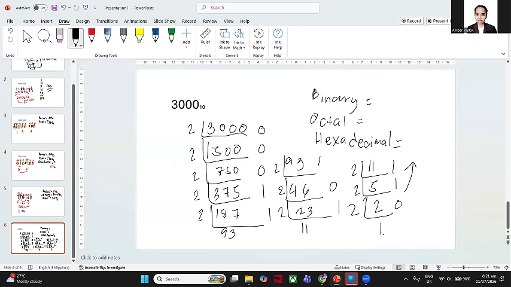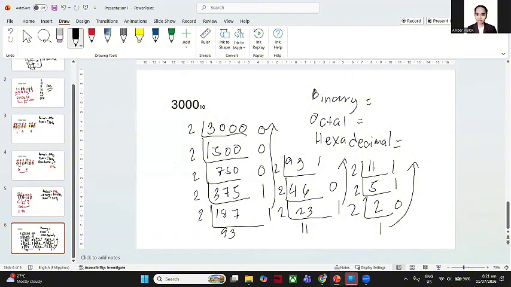Now we're going to read it upward, always ending with the 1.